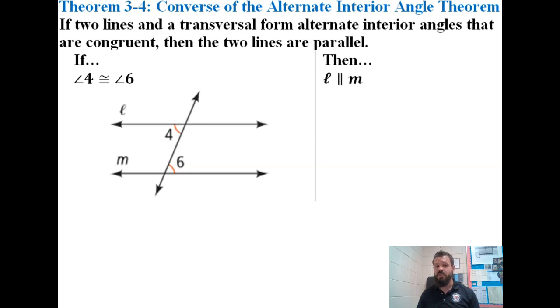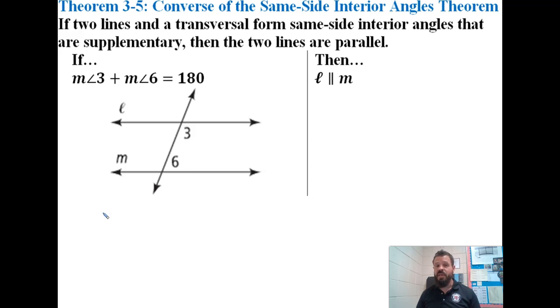The original alternate interior angle theorem said that if a transversal intersects parallel lines, then alternate interior angles are congruent. Here with the converse, we'll say if two lines on a transversal form alternate interior angles that are congruent, then the two lines are parallel. So if we have alternate interior angles that are congruent, we know these lines have to be parallel. So really we have another way of determining whether or not lines are parallel.